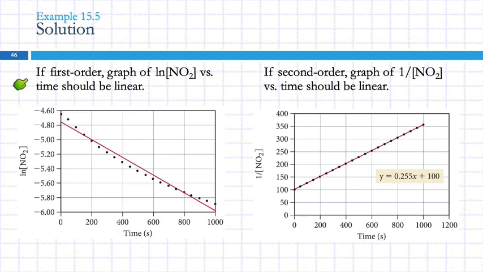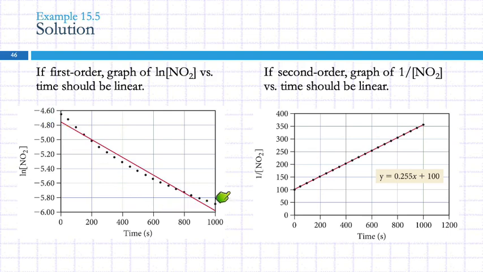So if the reaction was first order, then graphing the natural log of NO2 versus time should give us a straight line. So here is the actual data in the black dots, and this is the best fit line that the computer comes up with. And you're like, well, it kind of goes along there, but it's higher at the beginning and higher at the end and lower in the middle.